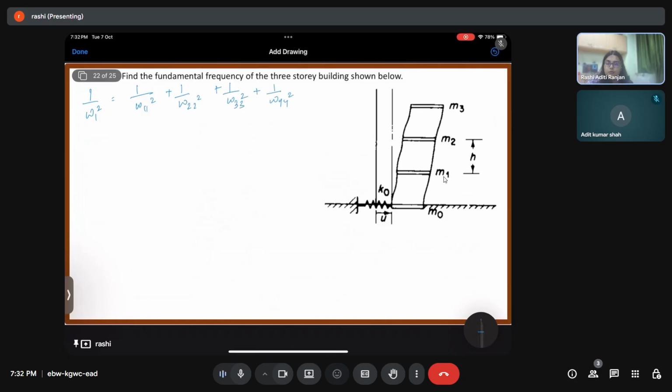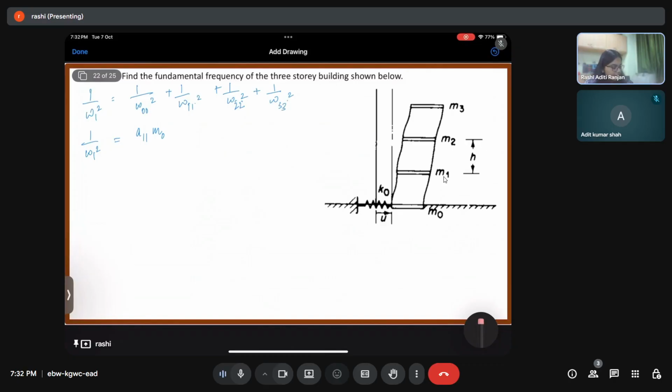But earlier we have seen that 1 by omega square can be replaced by a into mass, right? So we can write 1 by omega 1 square as a11 m naught, or we can just change it, since the masses are given in terms of naught, so we can write a naught, a11, a22, a33.